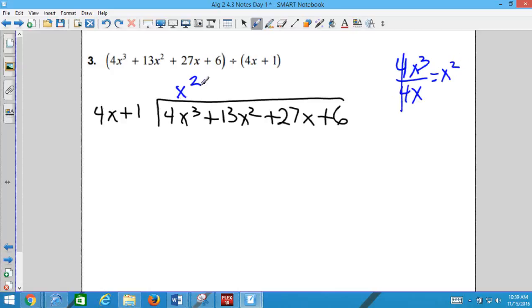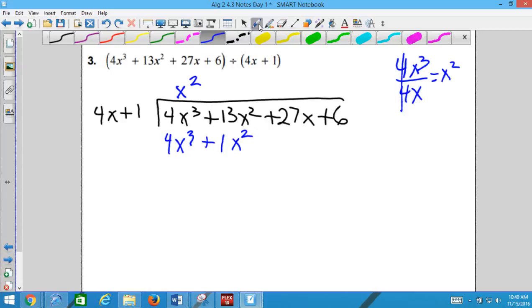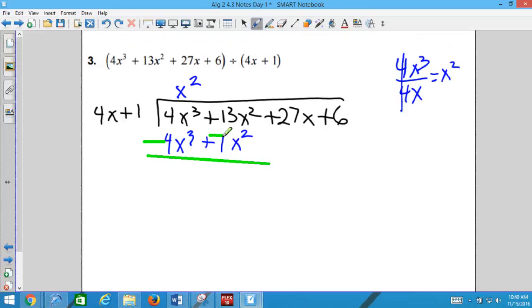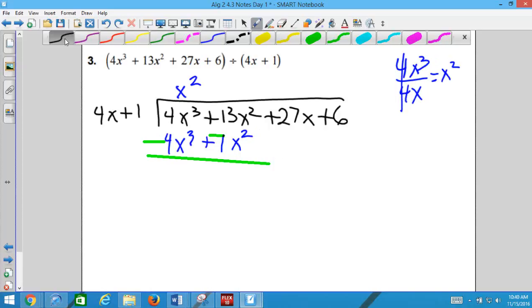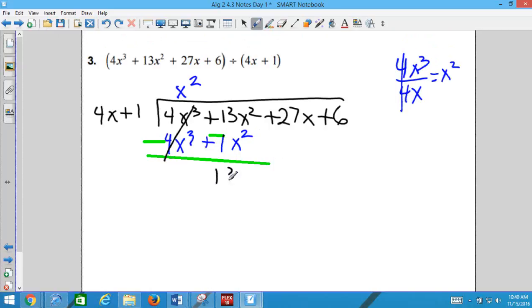And when you distribute it in, I get 4x to the third plus 1x squared. Draw the line, change the signs. 12x squared. Bring down 27.